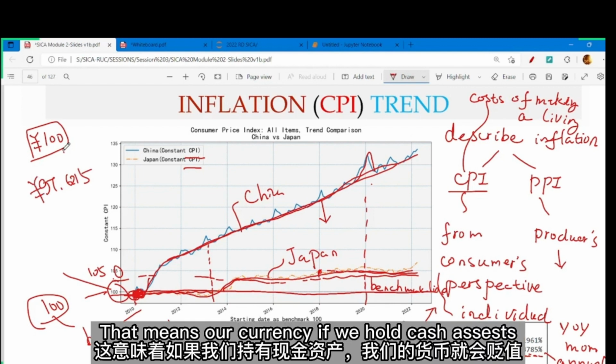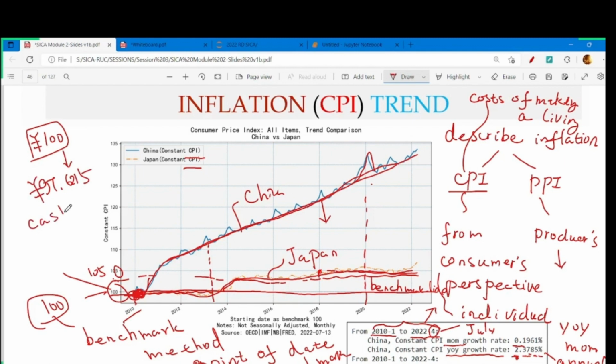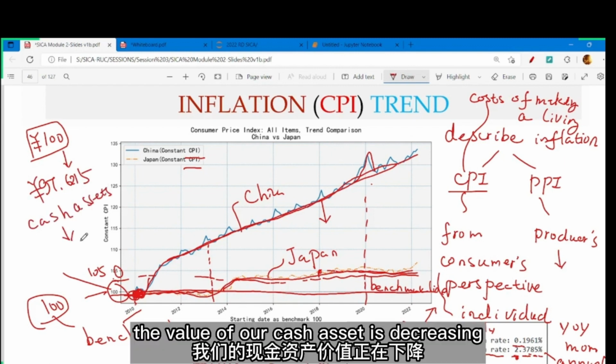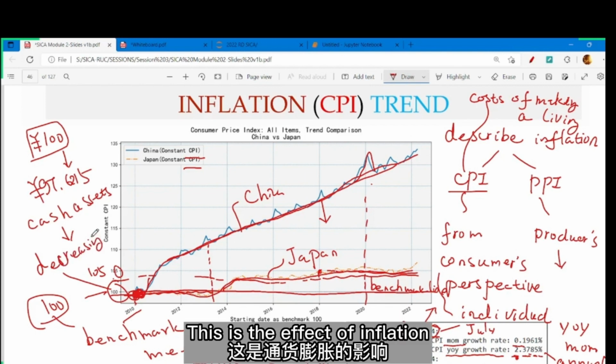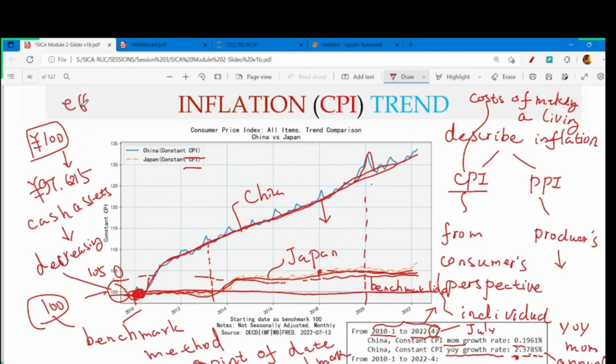That means if we hold cash assets, the value of our cash assets is decreasing. This is the effect of inflation.